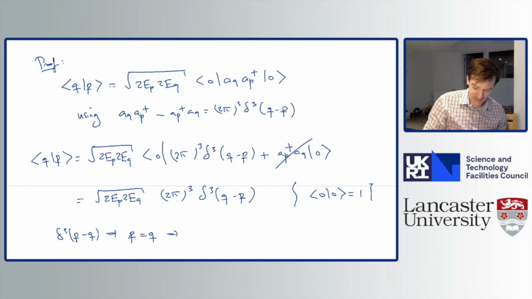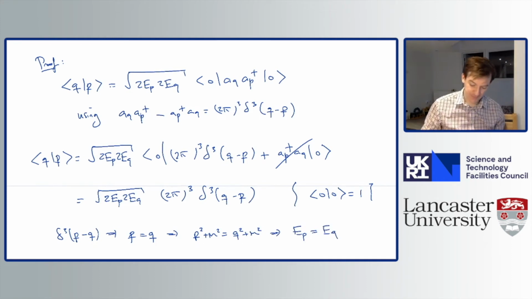So if p is equal to q and the mass is the same, this implies that p squared plus m squared is q squared plus m squared, or in other words, that E_p is equal to E_q.